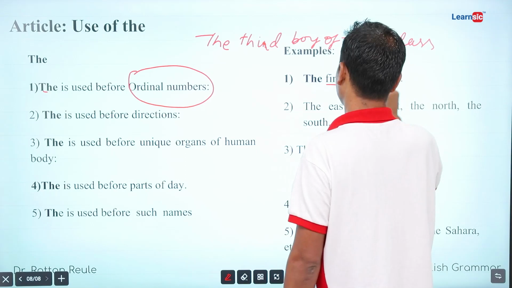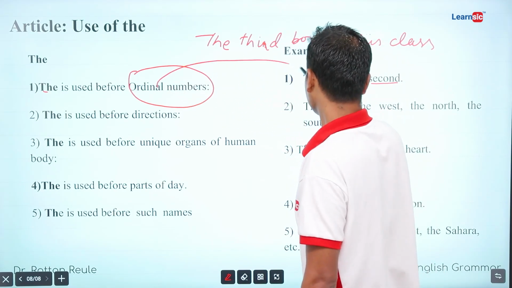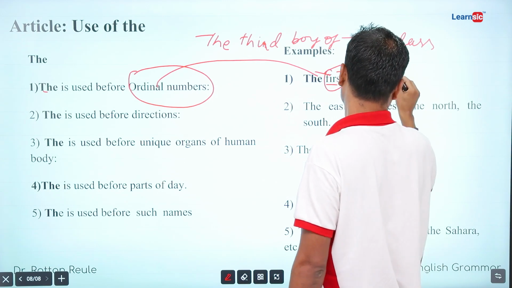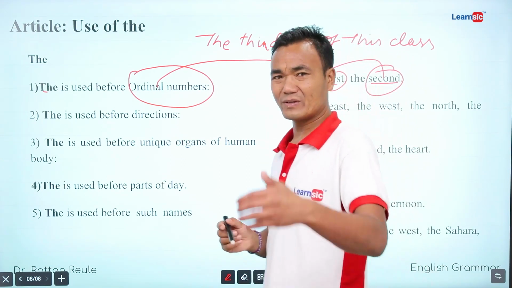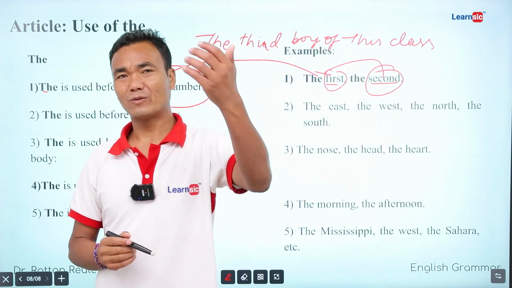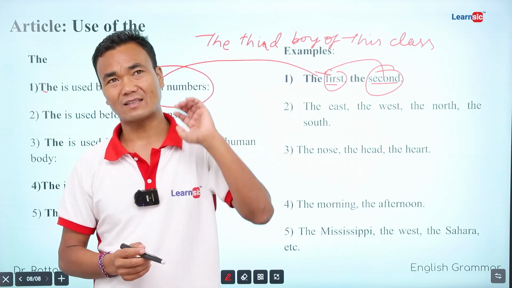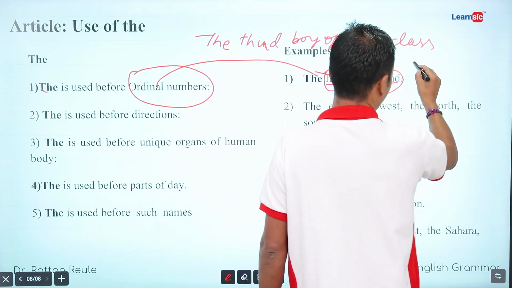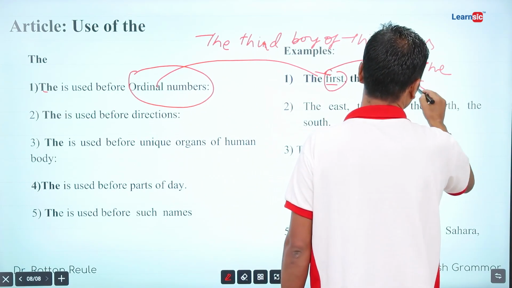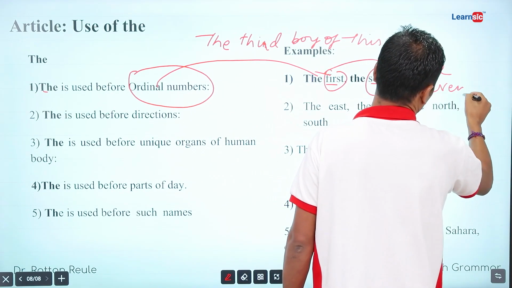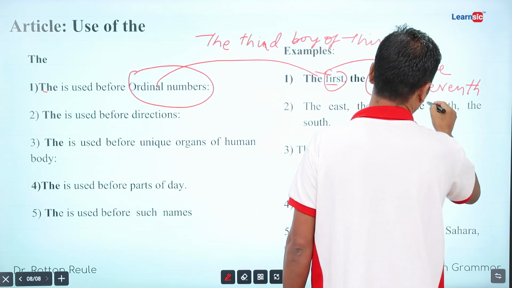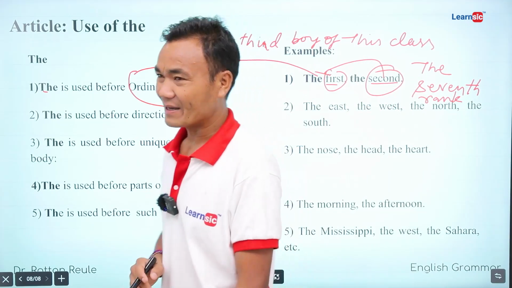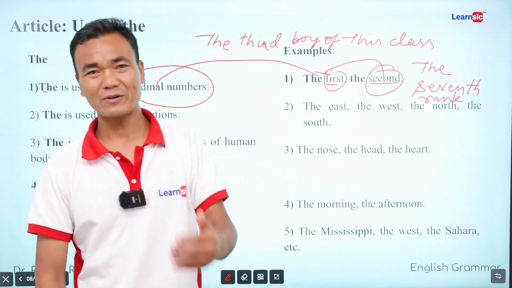Similarly, the seventh rank. Sometimes we write the seventh rank. Very easy. Before ordinal numbers in English grammar, we use the article.